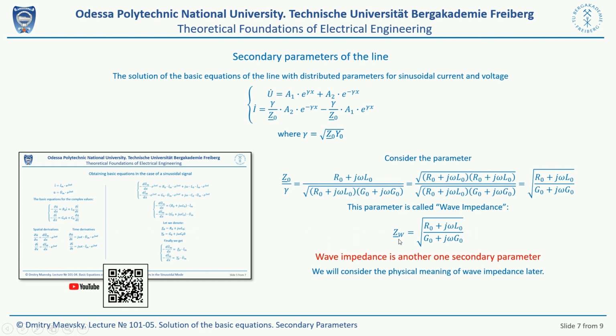This impedance is called the wave impedance of the line and is another secondary line parameter. The physical meaning of the wave impedance, which is designated as ZW or Z wave, we will learn later.